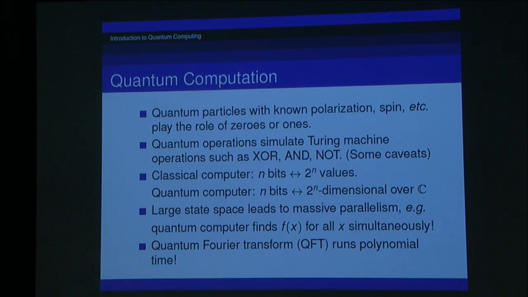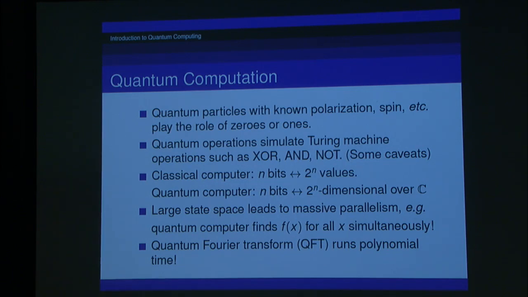On a classical computer, n bits can take 2 to the n values. On a quantum computer, n bits form a 2 to the n dimensional space. This is the notion of superposition. Everything is possible.